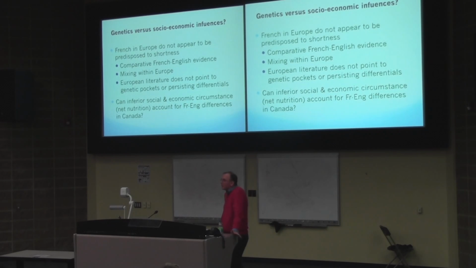If you spend time in Europe, you don't say, oh, the French, they're short. In Canada, as soon as we get over the question of whether we can really believe this, everybody says, yeah, I know a lot of short French, it must be right. But they don't say that in Europe. And even if they did, nobody says it's for genetic reasons. There's just too much mixing within Europe for that to be the case.